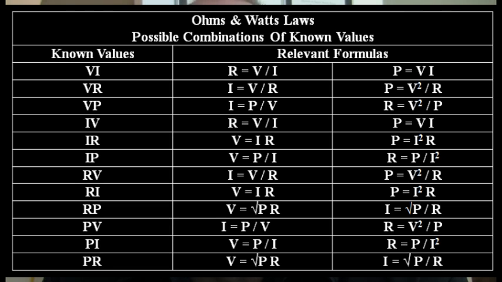Now you definitely need to learn both ways. I just say all the possibilities. So the method you use to step it up a notch, in other words to learn it even better, is to simply make up or get yourself some 3x5 index cards and use them as flashcards. On your first index card you'd write V and I, and on the back you would write both formulas that you can use using those two variables.